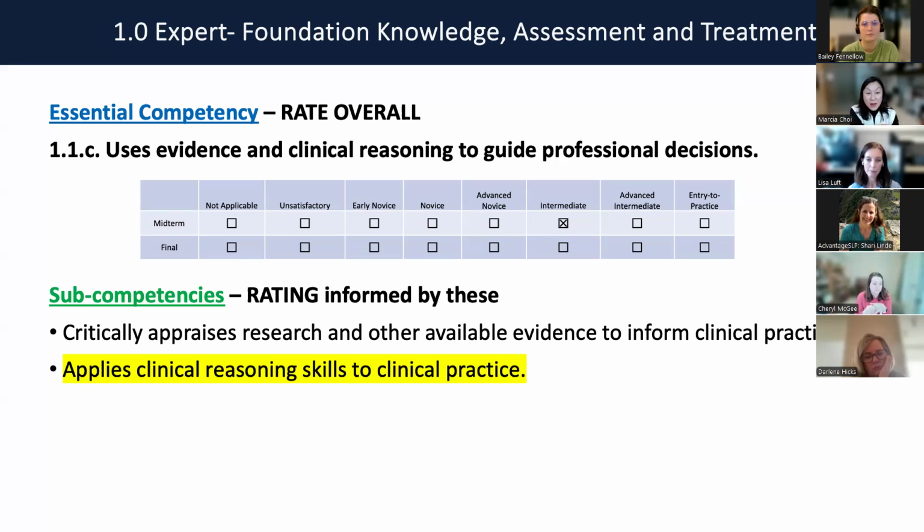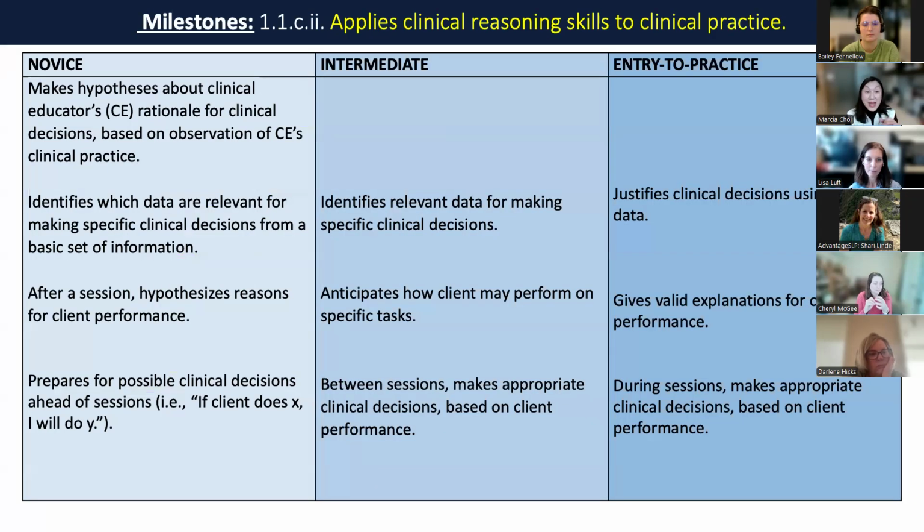I would pull up the milestones for that bullet. Each bullet has milestones. The milestones map from novice to entry to practice. They give you milestones in what you would observe in the student's behavior. They are explicit, they are concrete, and they are observable.